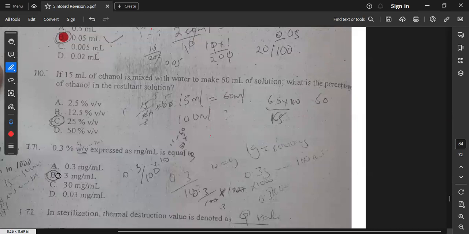If 15 ml of ethanol is mixed with water to make 60 ml of solution, what is the percentage of ethanol in the resultant solution? So 15 ml is in 60 ml. For percentage, how about 100? Yeah, that's it.